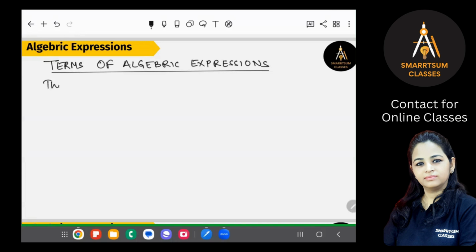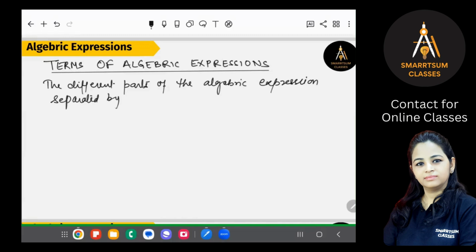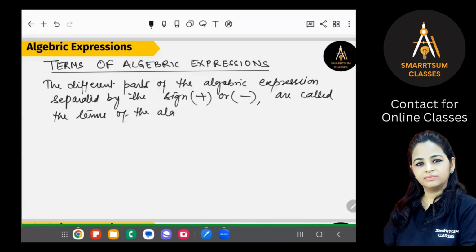So write down: the different parts of the algebraic expression separated by the sign of plus or minus, either addition or subtraction, are called the terms of the algebraic expression.